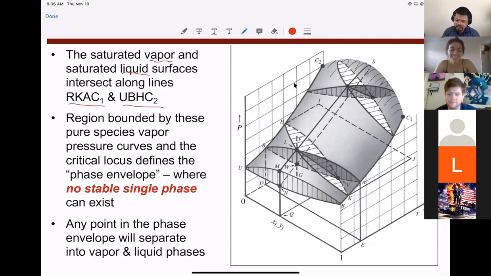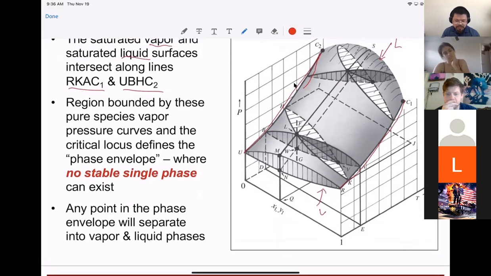This is RKAC1, and this is the UBHC2. So that would be pure 1 and pure 2, and they are going to meet, with the upper part being the liquid and the lower part being the vapor. They are also going to meet along the two borders of the pure species.